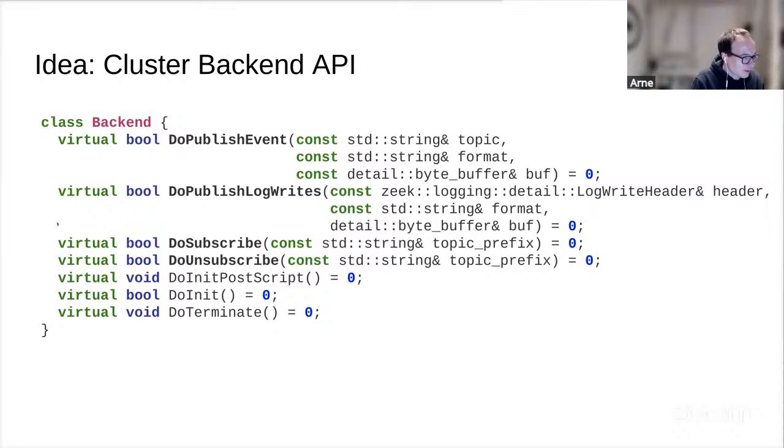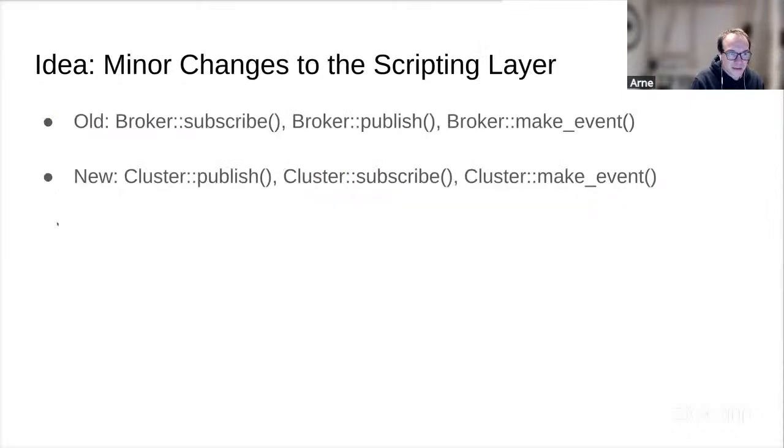So I'm going to the next slide. On the scripting layer, the first or second slide showed that there's broker subscribe and broker publish. These are specific to the broker backend, and what has been done was essentially moving publish and subscribe functions into the cluster module.